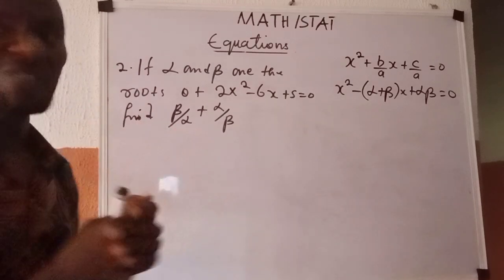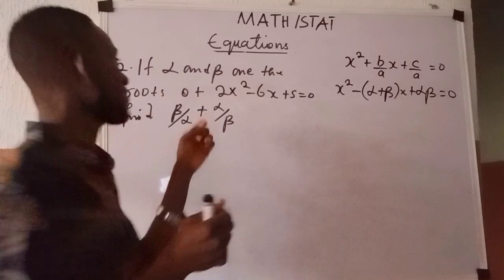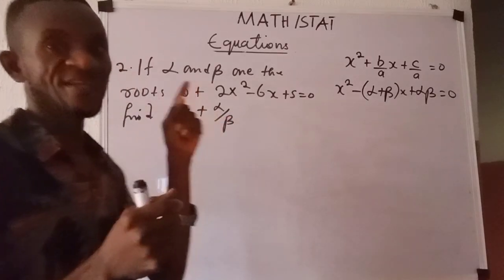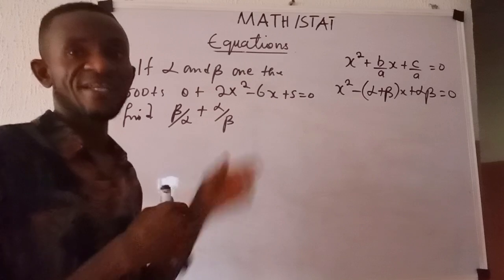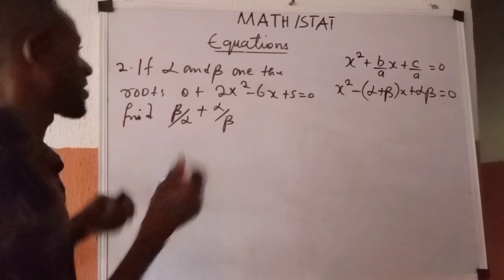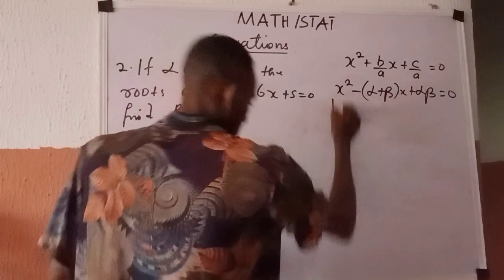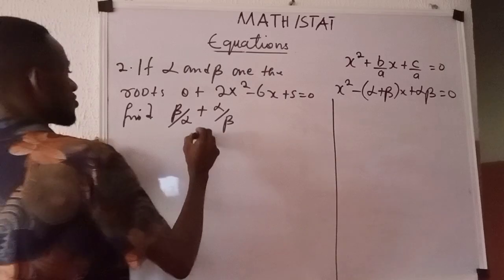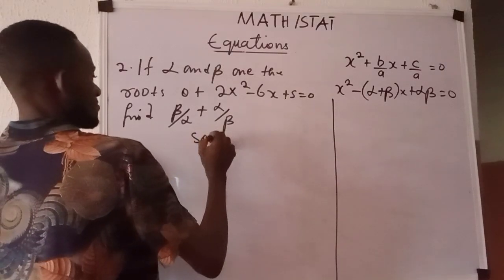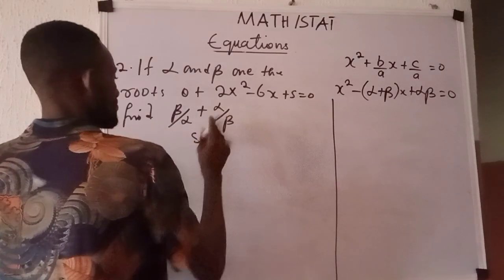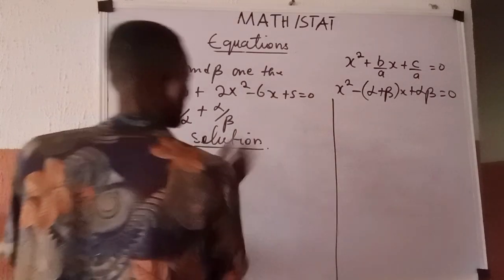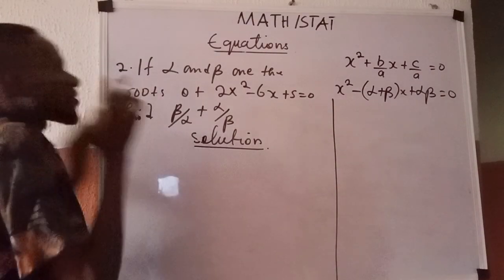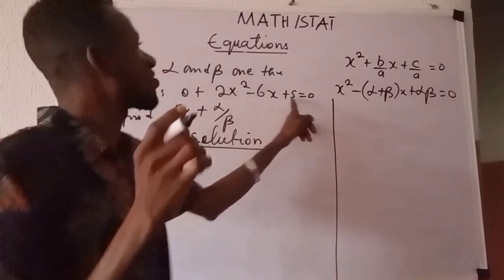The most important thing we are going to remind ourselves is just how to find alpha, and then how to find beta here. So as a way of solution, first of all, we have this. You are going to transform the equation you are given.